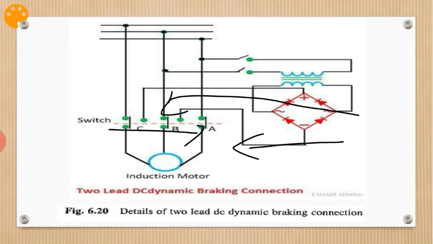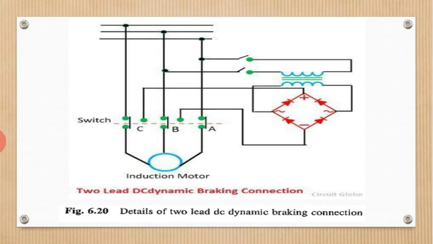So the rotor is rotating when you apply the DC supply to the stationary stator, the stationary magnetic field is produced, and as the rotor rotates, this DC flux cuts through the rotor and induces the EMF.